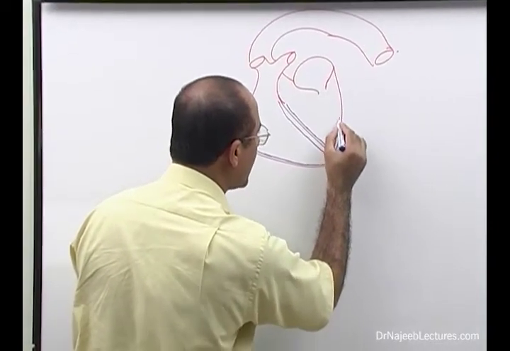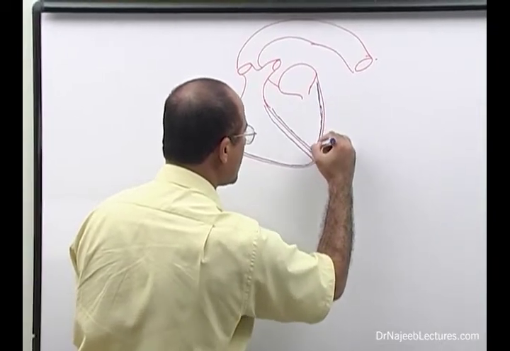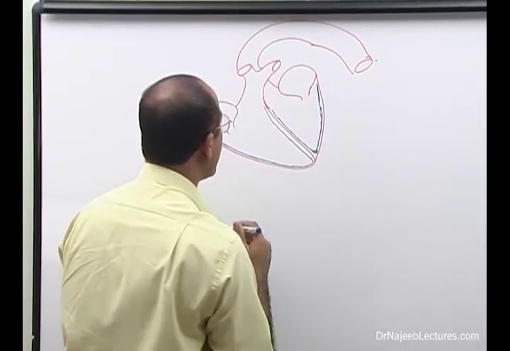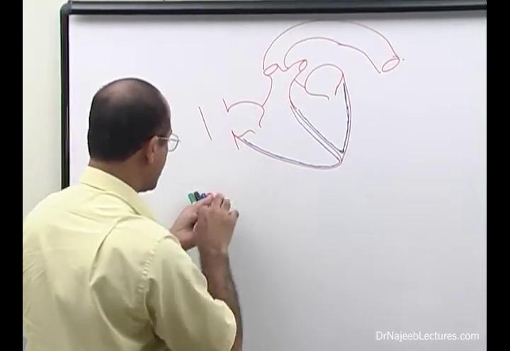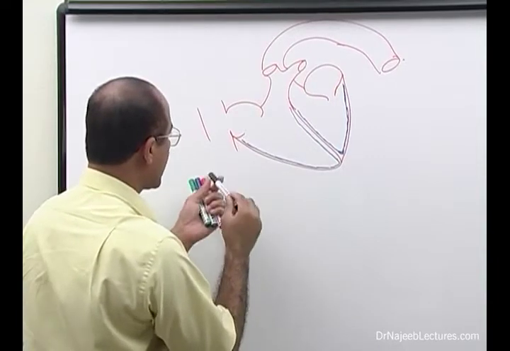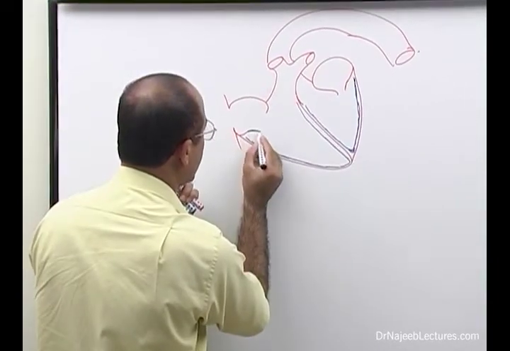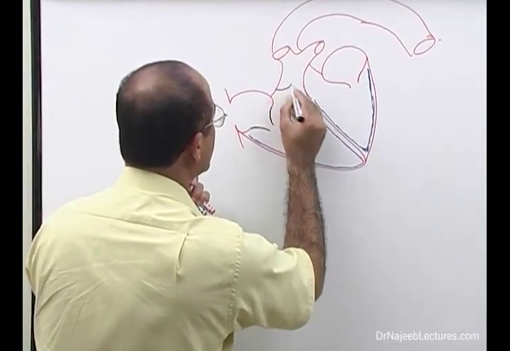Endocardium is somewhat like intima of the vessels. It is like intima of the vessels, endocardium, and of course valves are made of connective tissue. Valves are made of fibrous connective tissue.